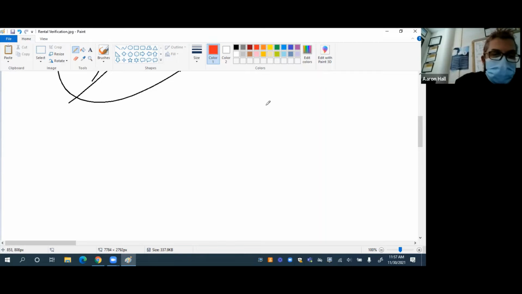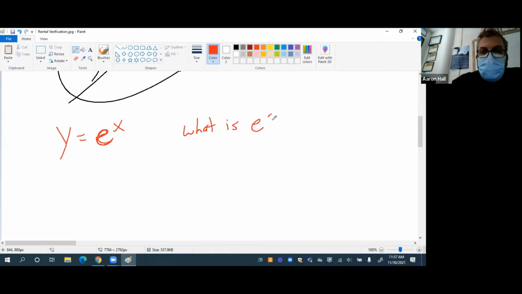Now, if we have something like y equals e to the x. We talked about e before. What is e? Yeah, it's about 2.72, something like that, forever. It's a constant.